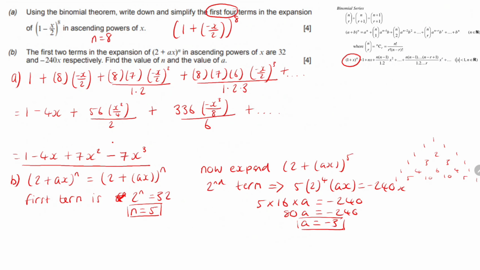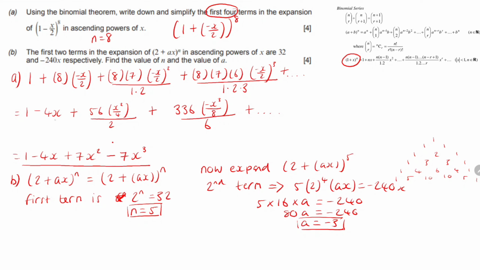The next question, okay, so our n value is equal to 8, and again you had to write this minus x over 2 in some separate brackets. It only wants the first 4 terms. Now for this one, what I did here is actually use the notation n minus 1 over 1 plus 2.